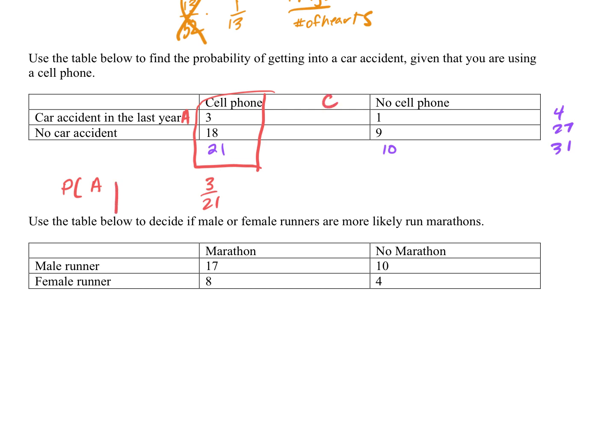Given. So this is accident. This vertical line here means given. I'm going to use that all the time. If you are using just descriptive language, that will be fine for me. Know that when I use it, I'm doing that, okay?